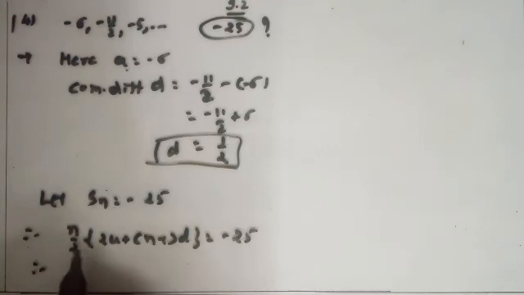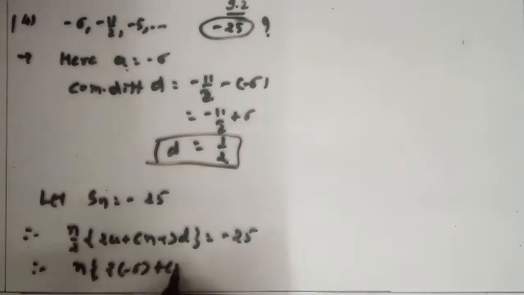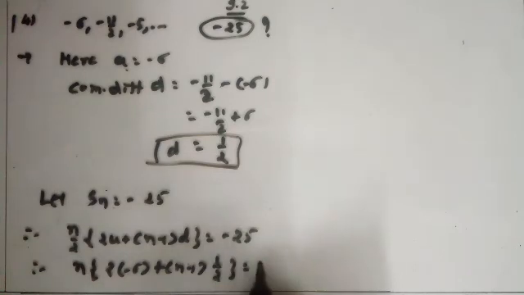Therefore now simplify this. Take this side, so n into 2 into a, which is minus 6, plus n minus 1 into d, which is 1 by 2, is equal to 2 into minus 25, which becomes minus 50.